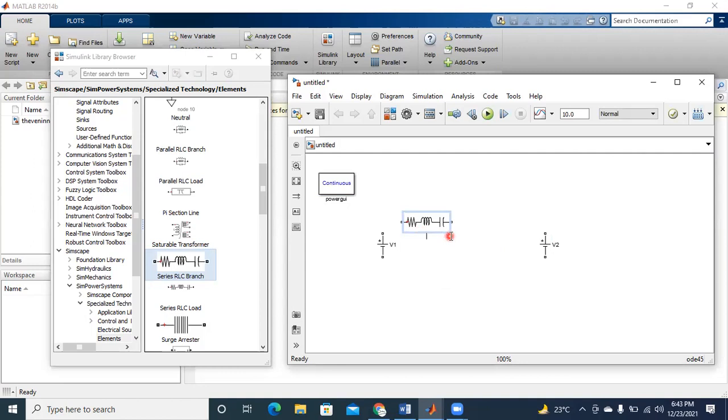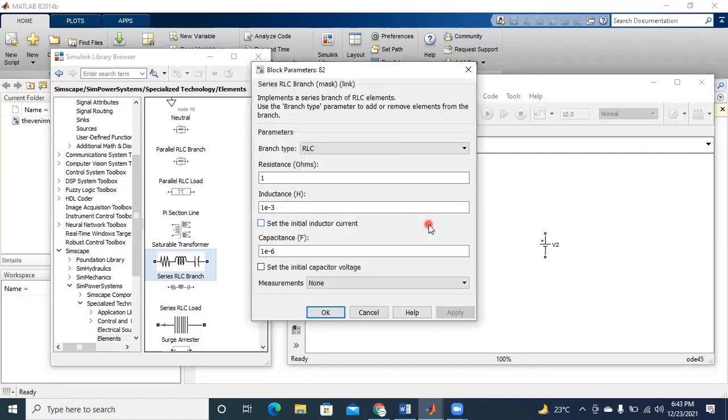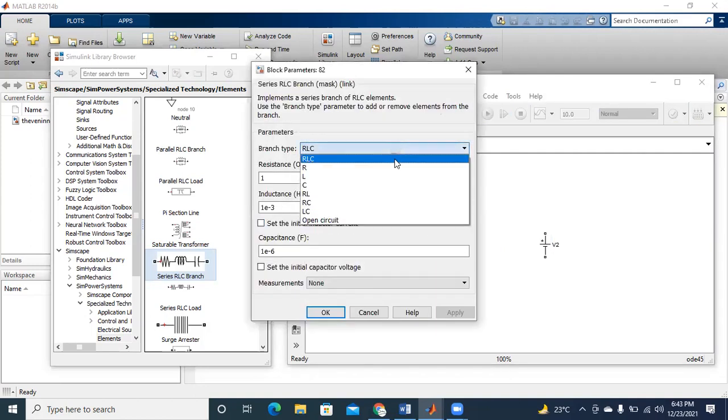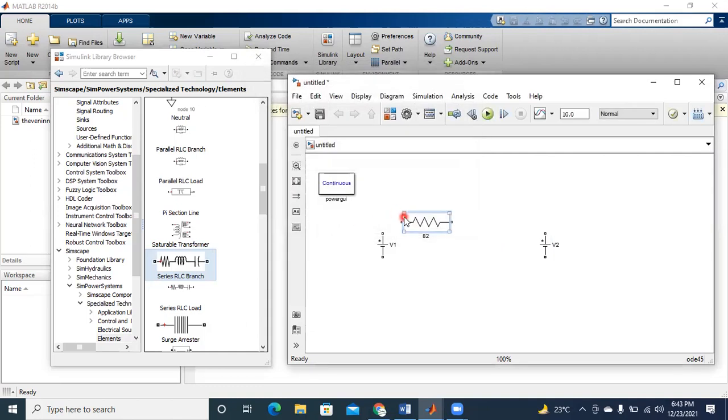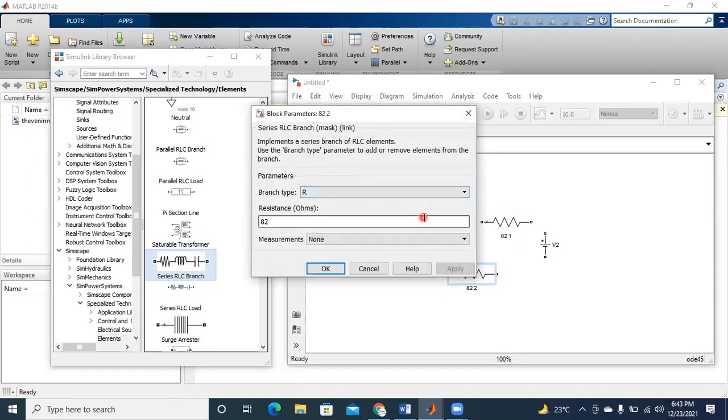You may provide the names as R1, R2, or otherwise simply give the value names. I just go with the resistor numbers for ease of my understanding. So I go for the 82 ohms resistor, followed by one more resistor, and followed by one more resistor, which forms the T circuit.